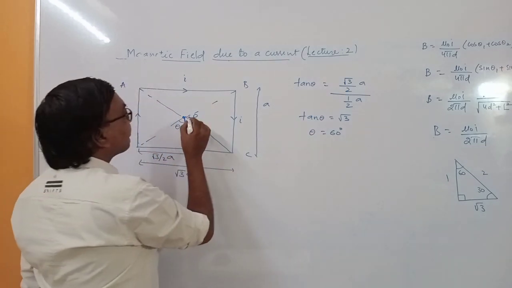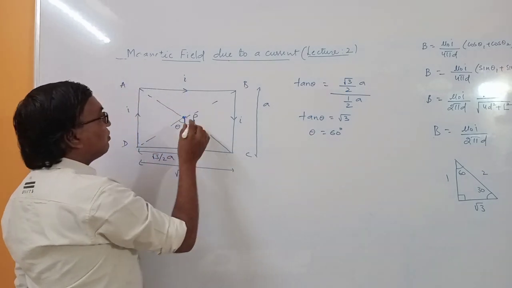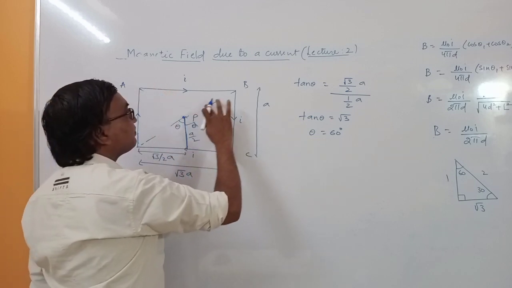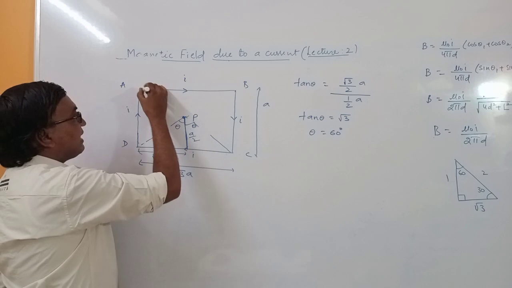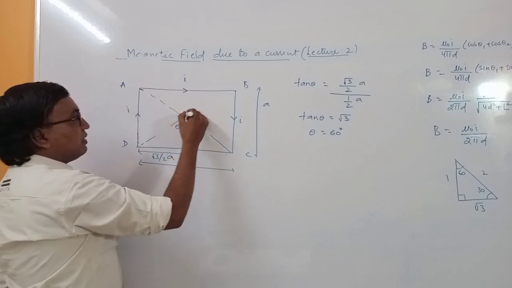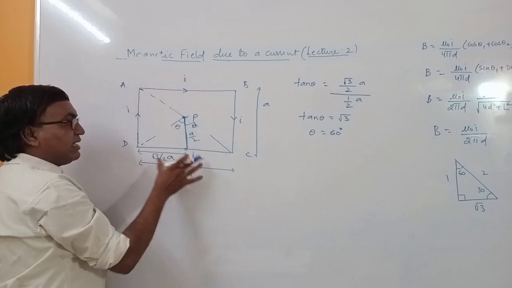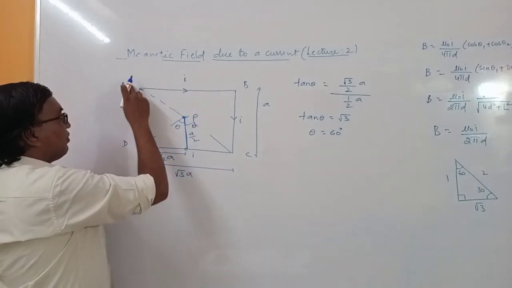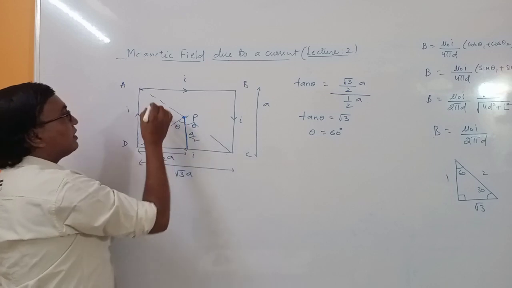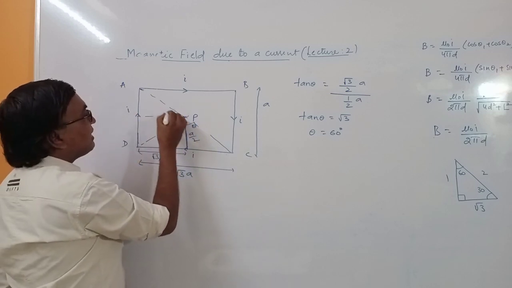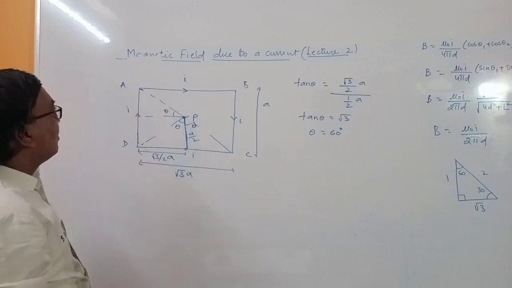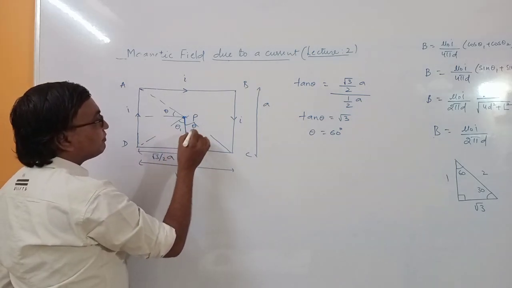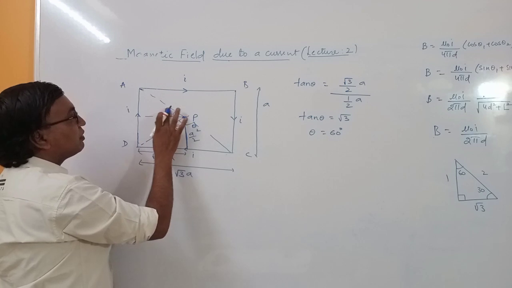So similarly, we have to find out this angle. Just let us remove this. ये एंगल निकालना है. Same for AB and CD. Magnetic field is same for AB as well as CD. But for AD and BC, so here if I take angle theta, fine. तो इसको बोलेंगे θ1. This is θ2.